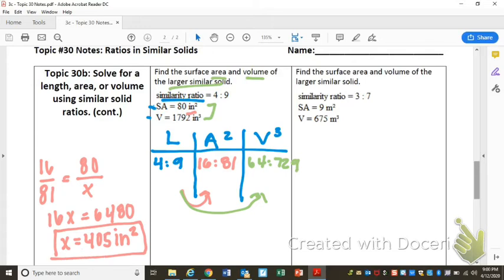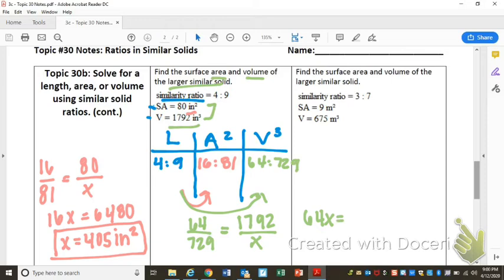So we just got the surface area for the larger similar solid, so now we want the volume. So we're going to take that desired ratio that we just got, and we have 64 all over 729. We're going to set that equal. We know that the smaller solid is 1,792 all over x. We're going to cross multiply again.